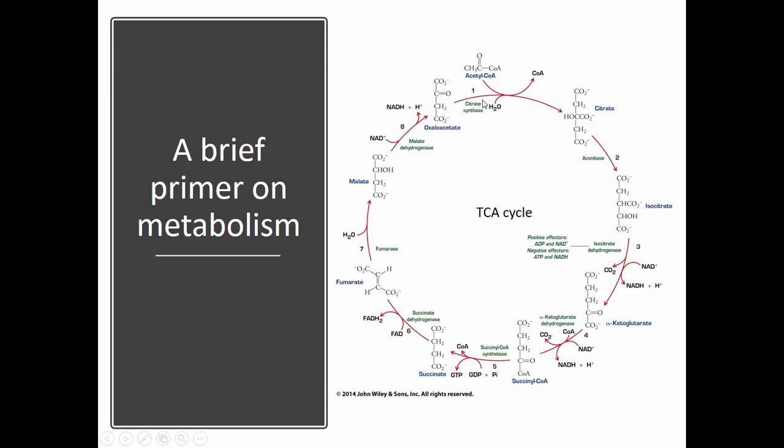Here are these red arrows going all throughout here. This is the TCA cycle. They're going all throughout, in a circle here. The red arrows represent, and of course the names are labeled here, which is good, an enzymatic reaction.